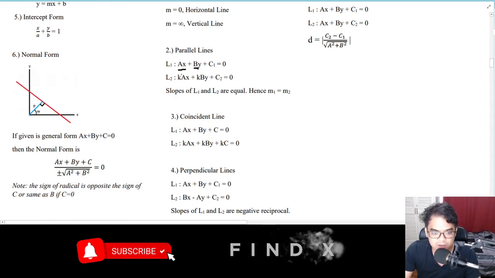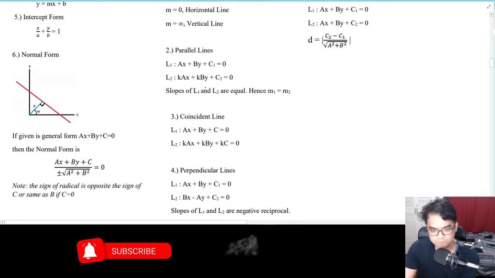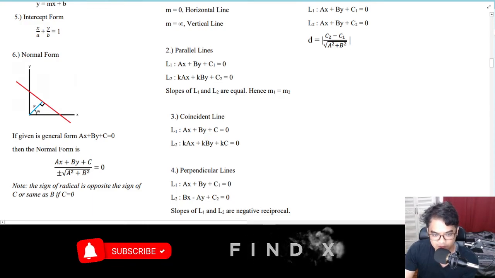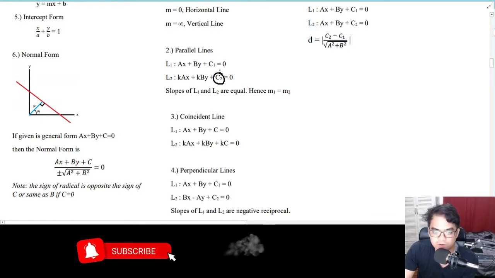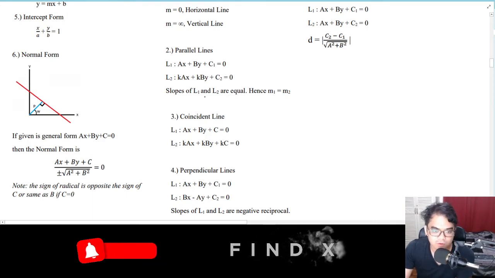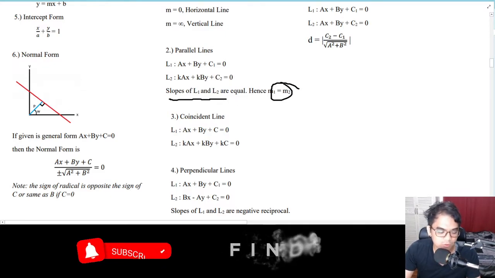The k indicates that if you factor out a k, or any constant, the coefficients of x and y will be equal. The only difference is c1 and c2. If the lines are parallel, their slopes are equal, so m1 is equal to m2.